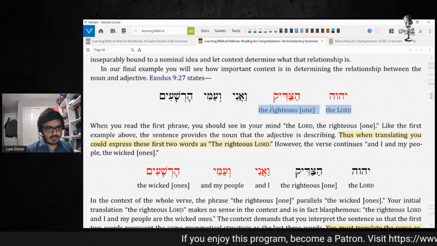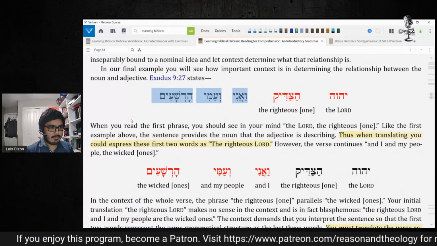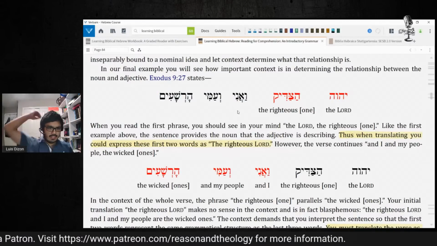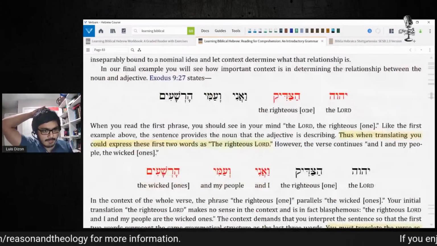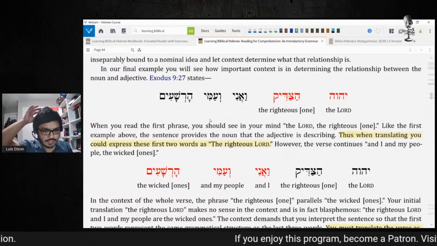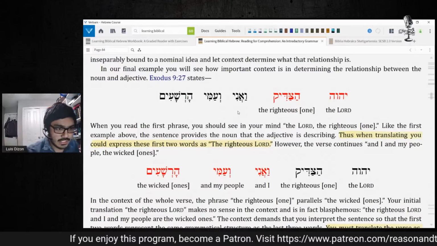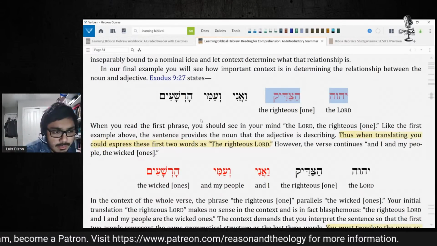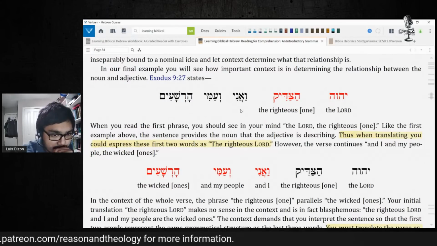So the righteous Lord. And I and my people, the bad ones. Actually, here, sorry, I made a mistake. I said it was attributive, but it would actually not make a lot of sense to translate this as attributive in context. So actually, let me backtrack a bit. Sometimes it will seem like an attributive, but it would not make sense to translate it as such.